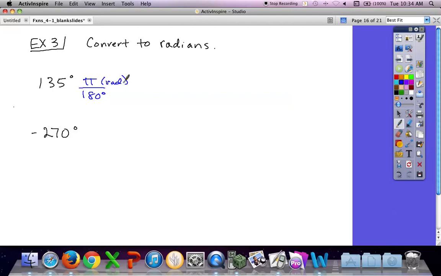So let's see. 135 degrees times pi over 180. Do it like this, right? That's 135 over 180 times pi. What is 135 over 180?